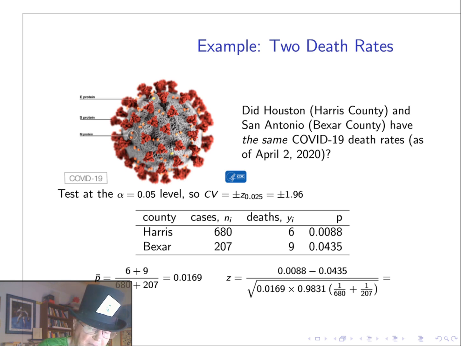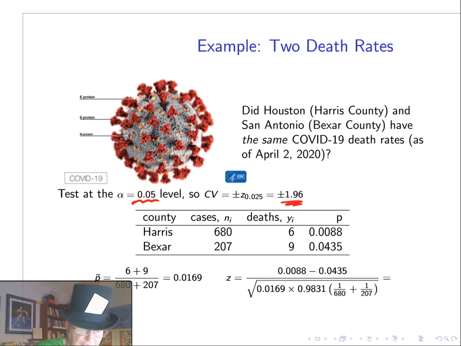We want to test this at the 5% level. Again, I'll do a two-sided test, so critical value will be 1.96. So as of April 2nd, Harris County had 608 cases with 6 deaths for a proportion of 0.0088, so slightly under 1%, while Bexar County had 207 cases with 9 deaths, so a rate of a little over 4%.